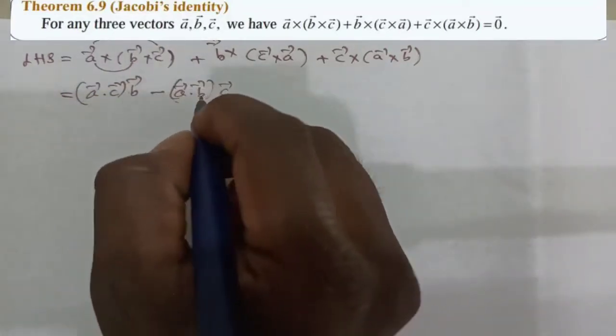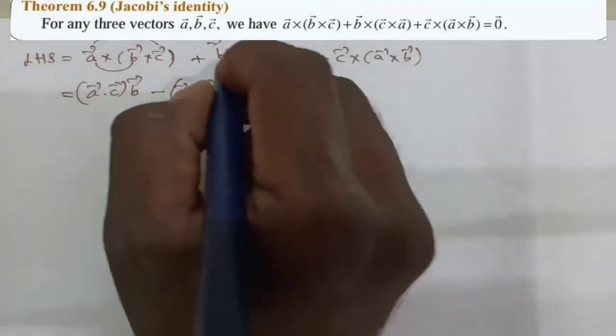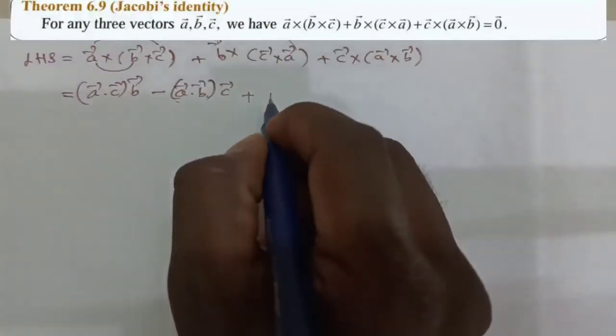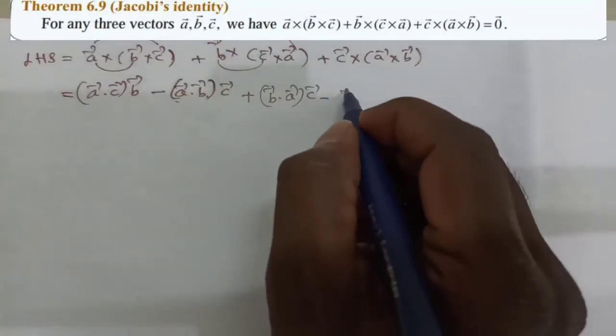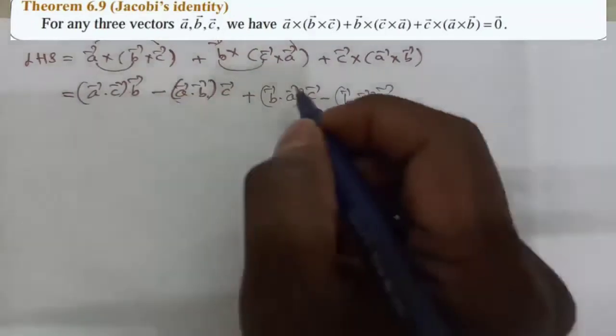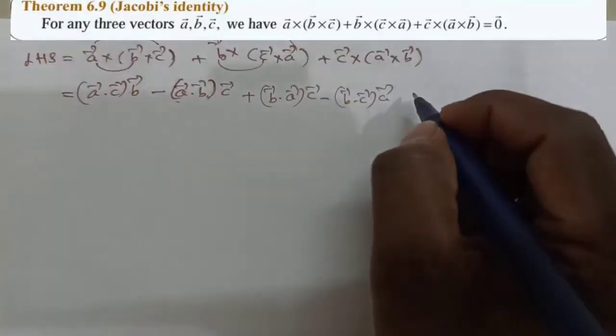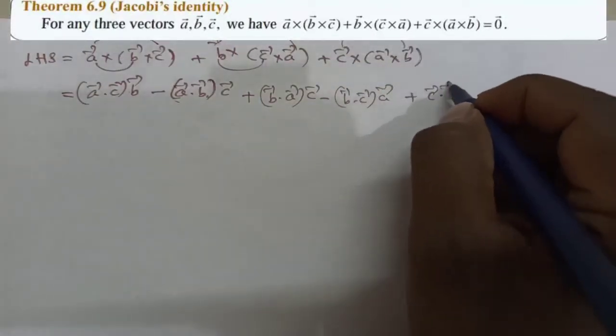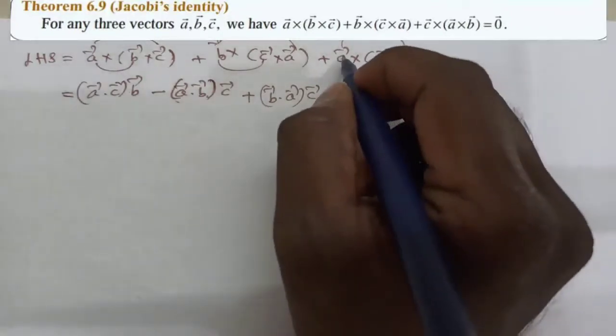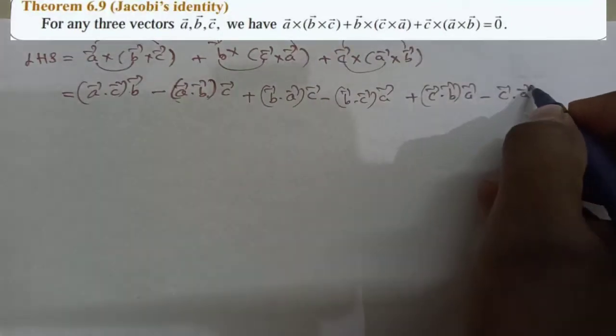So this is the expansion. Here also, plus B vector dot A vector into C vector minus B vector dot C vector into A vector. The next one, plus C vector dot B vector into A vector minus C vector dot A vector into B vector.